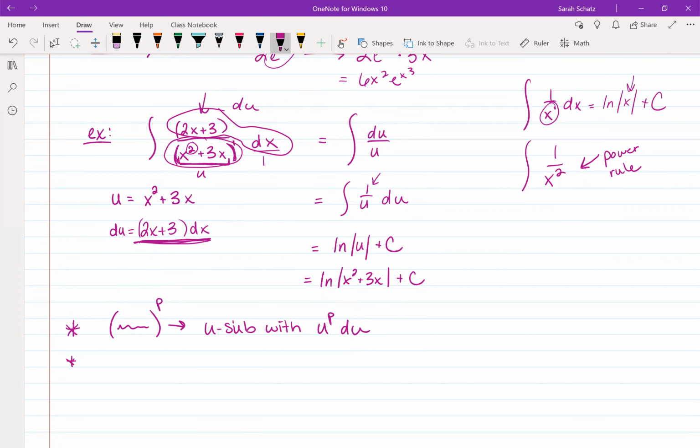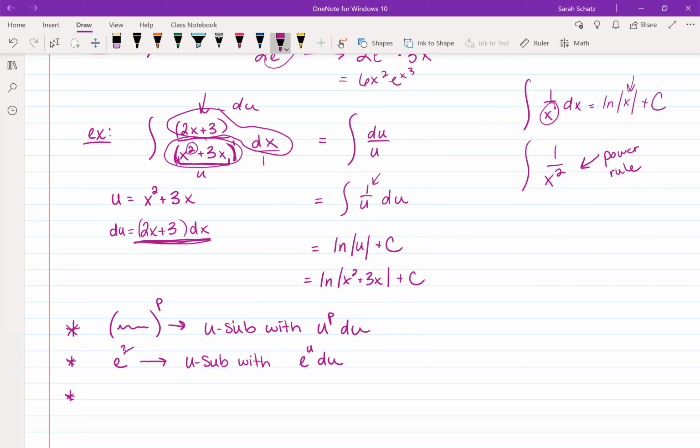If you have e raised to whatever, some stuff, I don't know how you want to notate that, but you have e raised to something. You can make it a question mark if you want. It's going to become a u sub, and your rewrite is going to look like e to the u du.